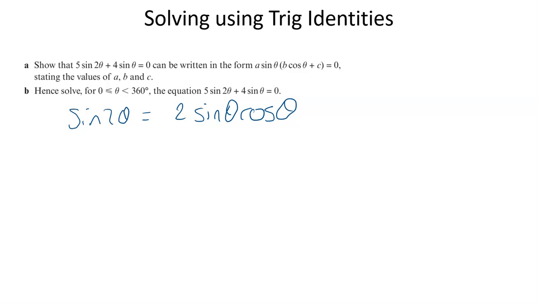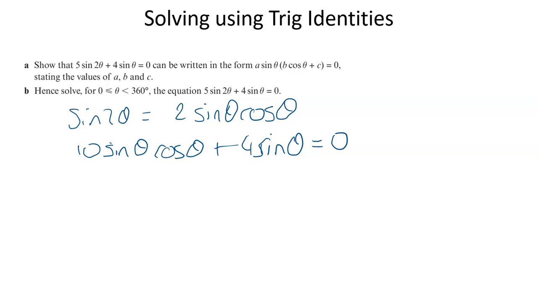So if we substitute that in to what we've got here, we're going to end up with 5 lots of 2, so it's 10 sine theta cos theta plus 4 sine theta equals 0. And this is fine now, because we can just do some factorizing, can't we? Because sine comes into both. That's all they've done. They've factorized it.